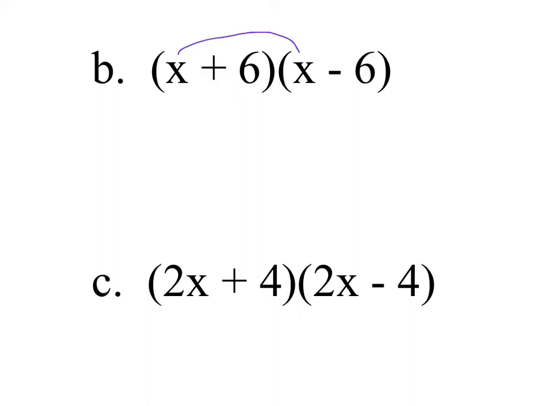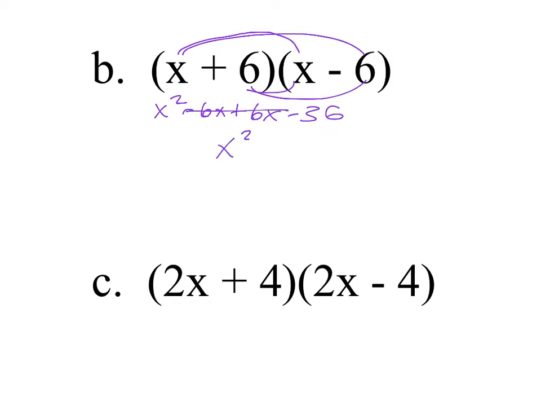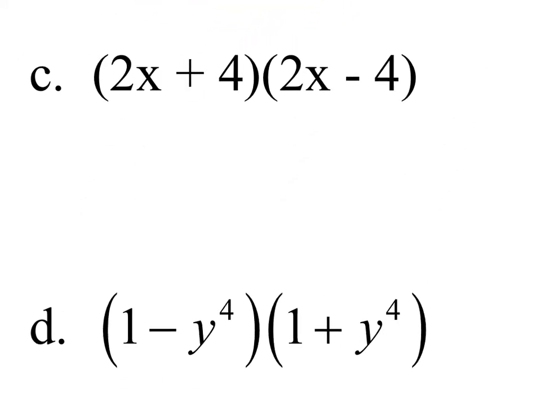So, x squared minus 6x plus 6x minus 36. Those cancel, x squared minus 36. Okay, so now it's easy to pick out the pattern.